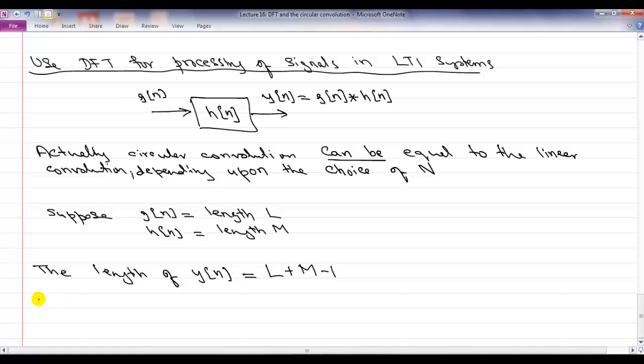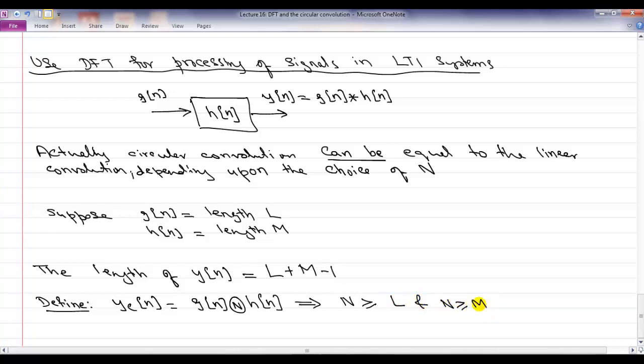Now let's go back to the definition of the circular convolution. So define circular convolution Ycn as an n-point circular convolution between Gn and Hn. Now remember that in this setting we need that n is greater than or equal to L and n also has to be greater than or equal to m.